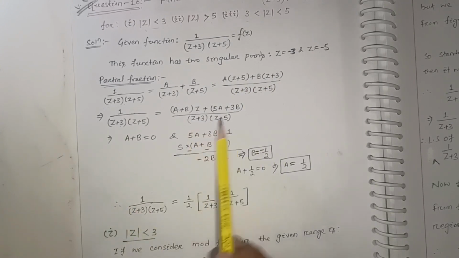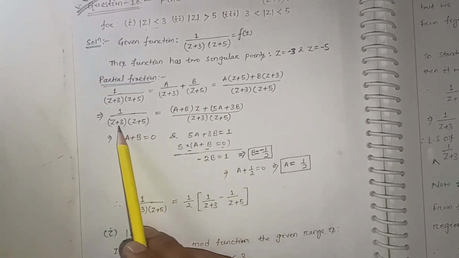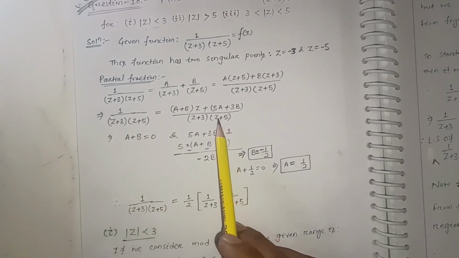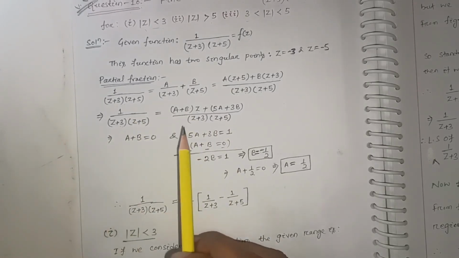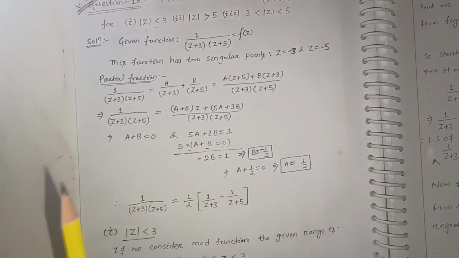Here we consider A and B to be arbitrary numbers, but you can see the denominator of the left hand side is equal to the denominator of the right hand side. That means the numerators should be equal, and the coefficients of different powers of z should be equal.